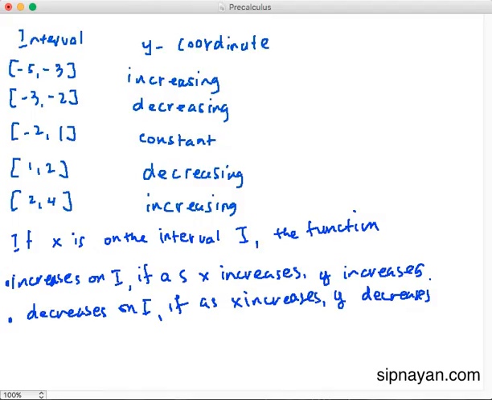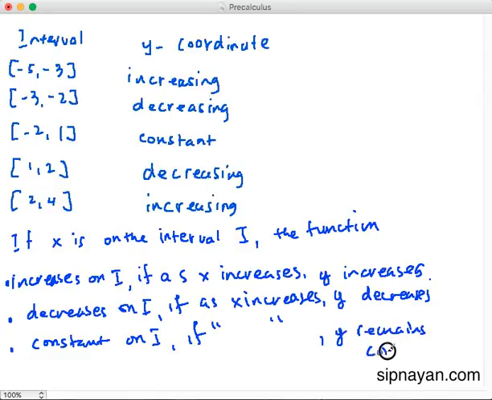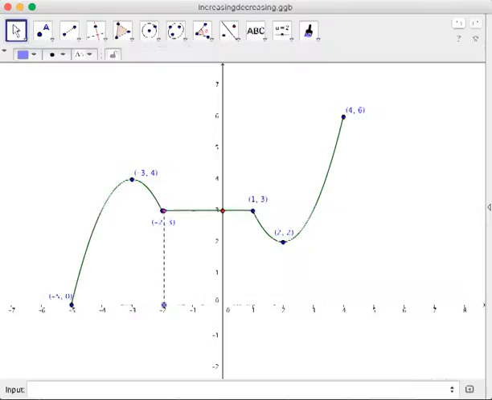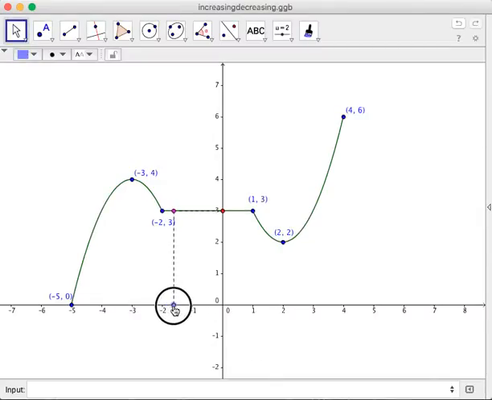And lastly, the function is constant on I if as x increases, y remains constant. So your y does not change, which is the same as here, from negative 2 to 2. The red does not go up and does not go down. That is its y coordinate.